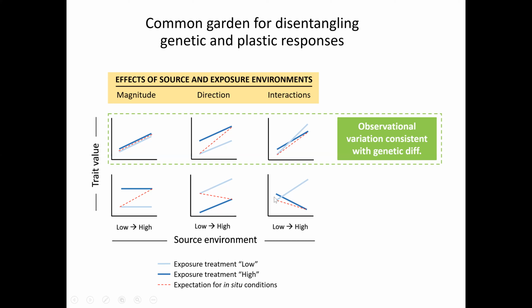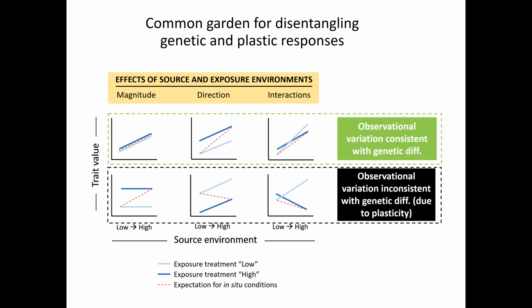Or with an interaction between source and exposure effects that leads to a direction in source effects that depends on the exposure environment. With those characteristics, we won't be able to infer genetic differentiation from observational patterns, because plasticity in this case will be modifying or masking the patterns.